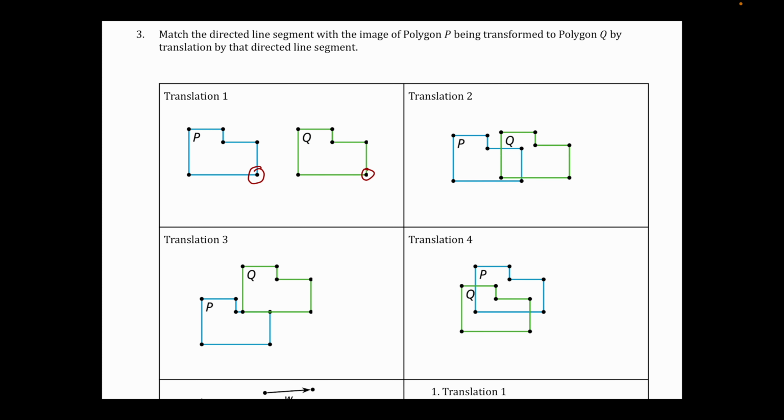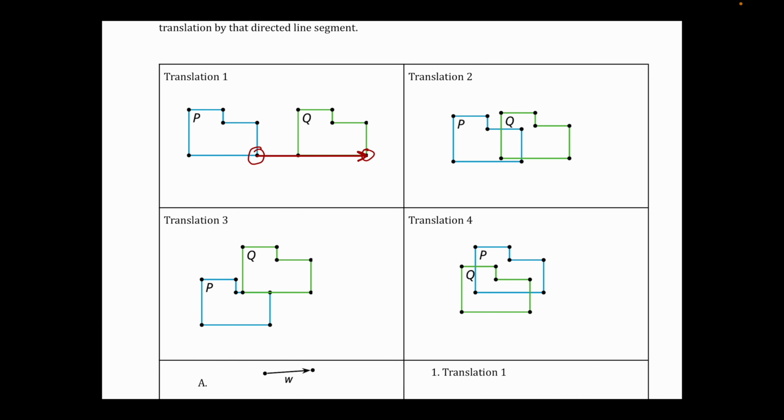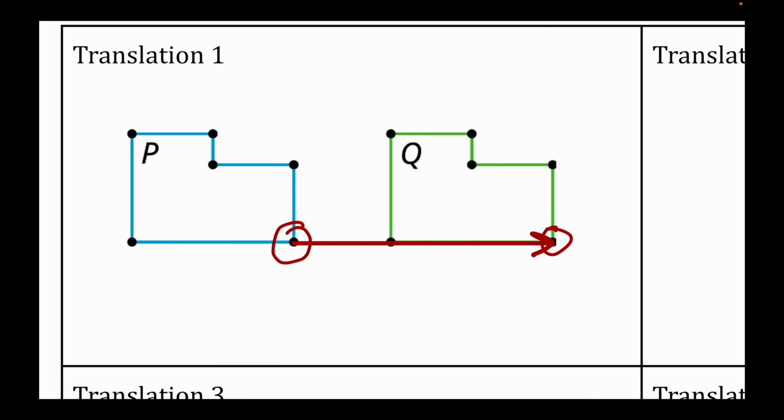And so I can identify that shape on both P and Q, and then I can draw a line that connects both of them. Now the difficult thing is that sometimes you may see just the two closed pieces here. So I'll zoom in on this one.